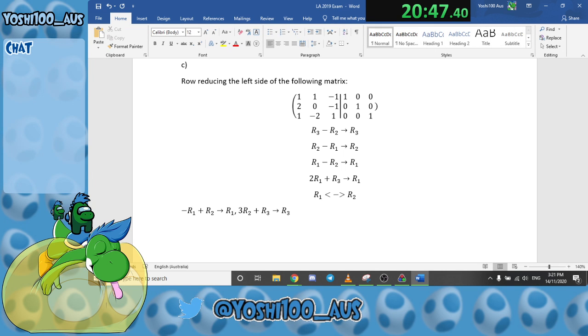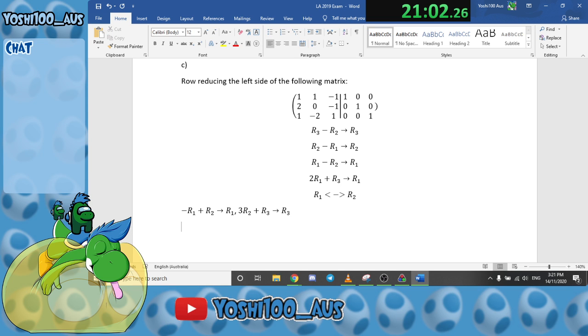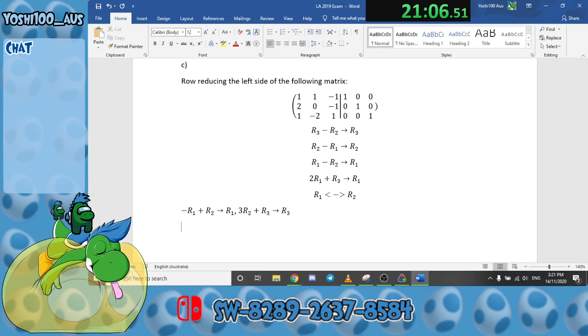Could write them as separate steps, but I'm just showing that I did them in the same step. Okay, so 1, 0, 0, 0, 1, 0, and the bottom becomes 0, 0, 2. Yeah? 0, 0, 2.